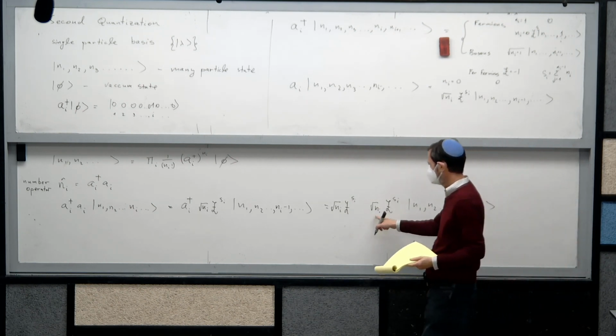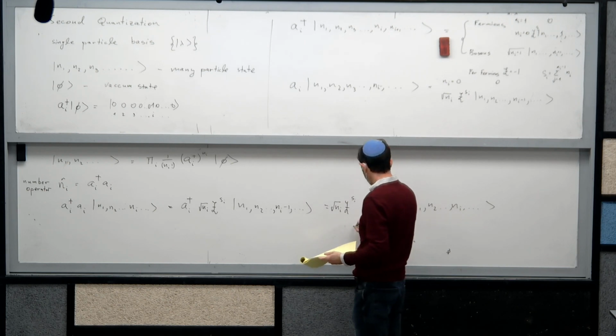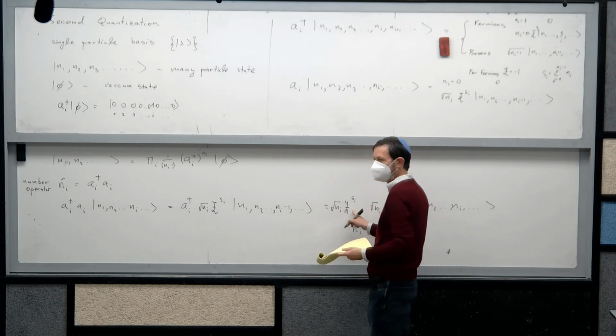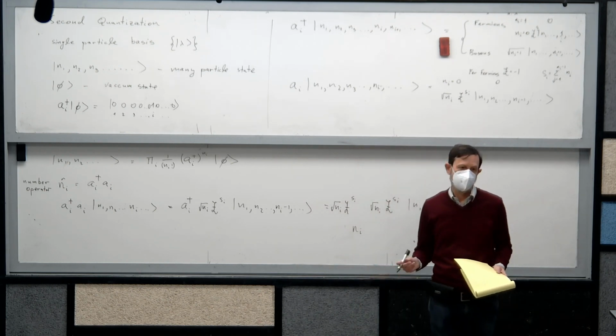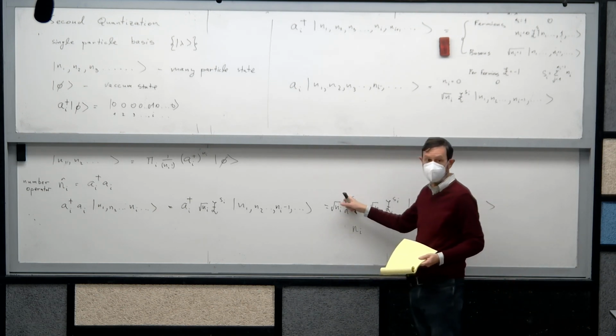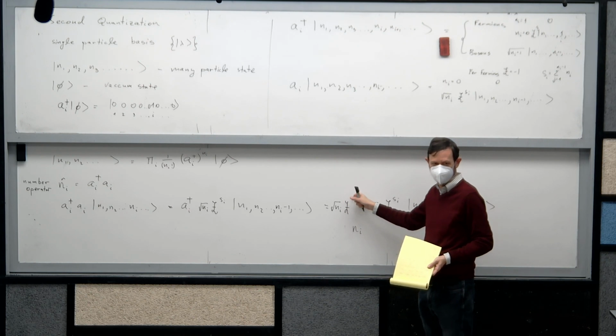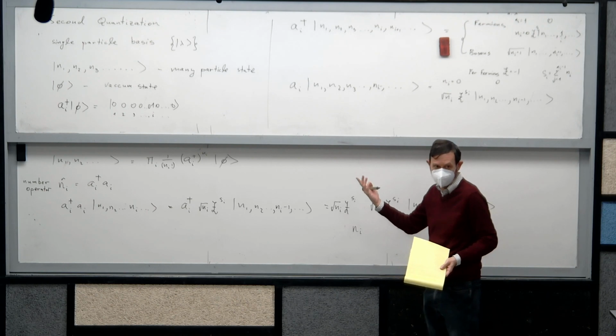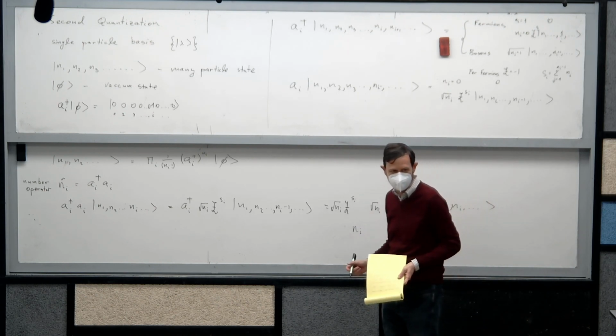Okay. This gives me Ni. Whatever, if it's minus 1 to the power 2 times Si, what is the result? 1. So it's not relevant.